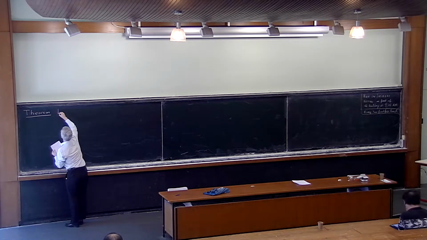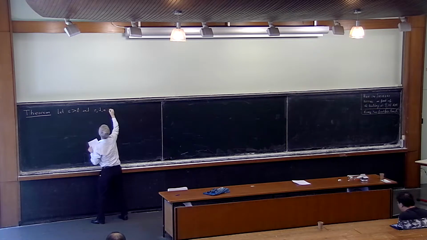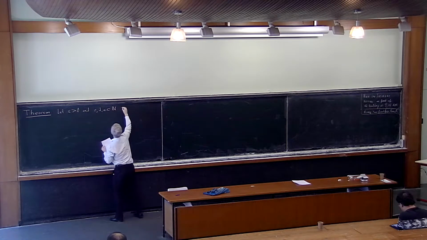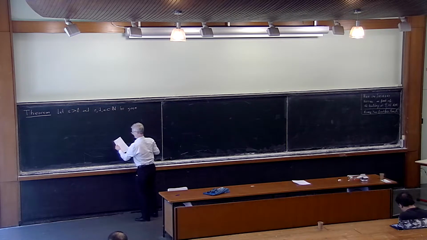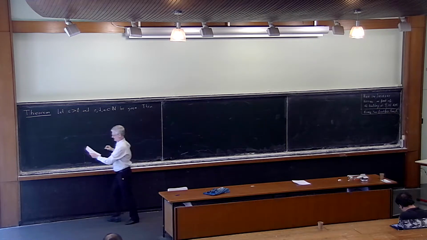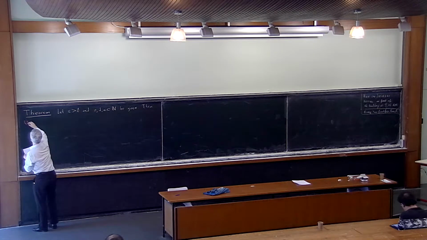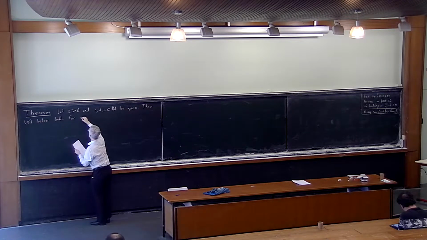So let epsilon and r, d, n be given. Then the following statement (star) below holds for any b.